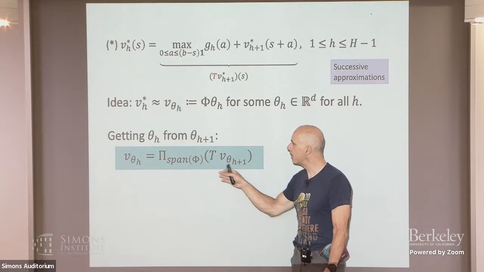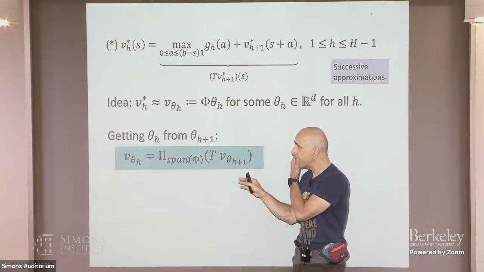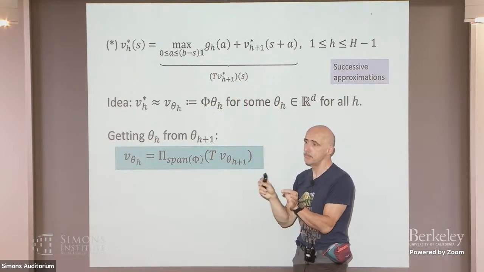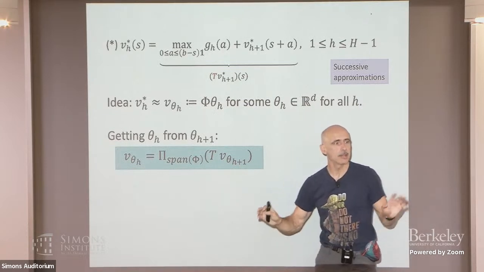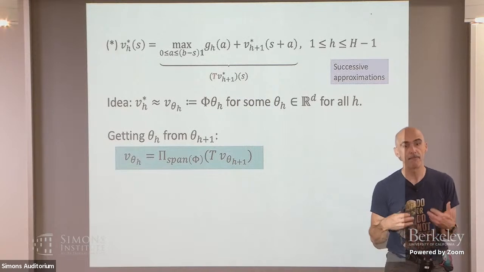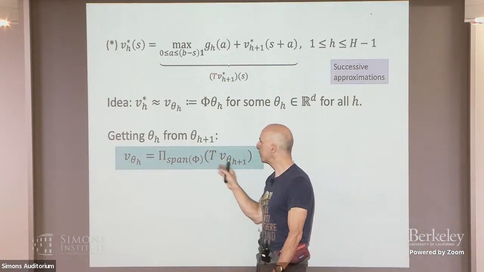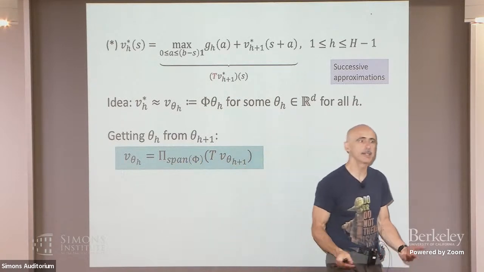Specifically, what they propose is that you just do this calculation, this successive approximation, at some nodes, at some points, and then you extrapolate or interpolate, you just solve a function fitting. So this function fitting is going to basically project this function into the span of the features. So that's what they propose.